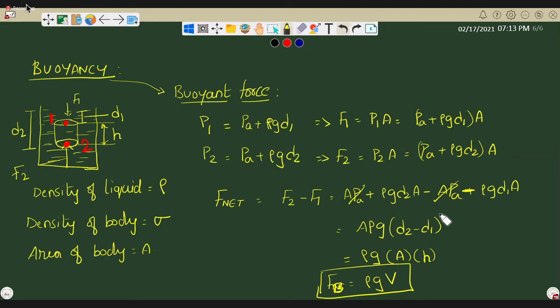Here rho is the density of the liquid, and V is the volume of the body. Understand? Please take it down or else you may get confused.